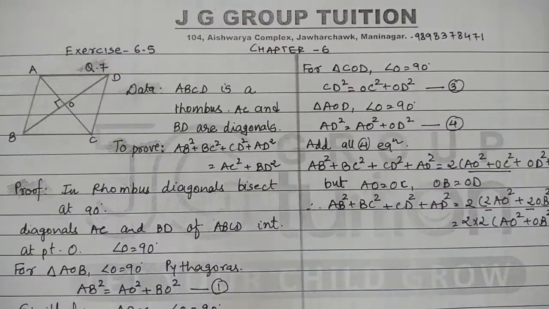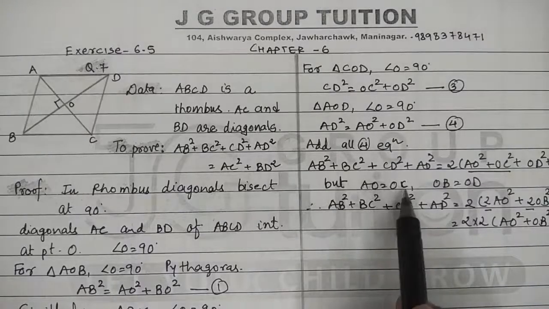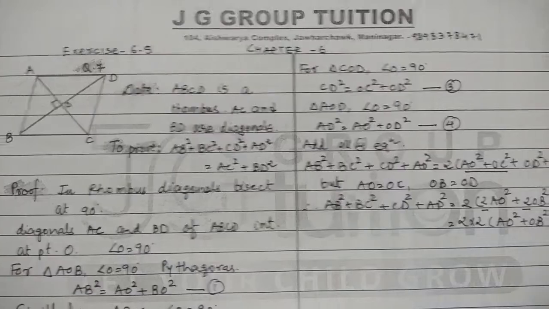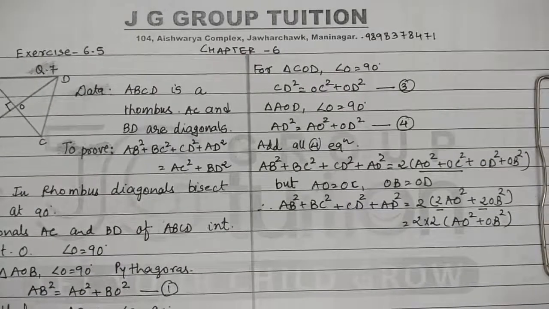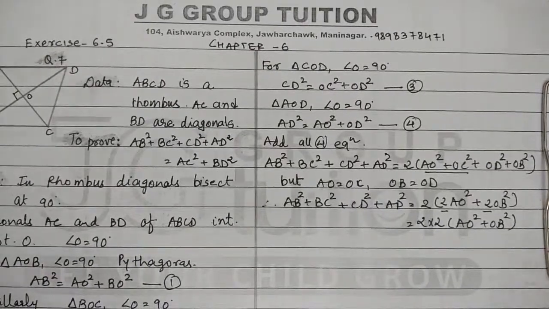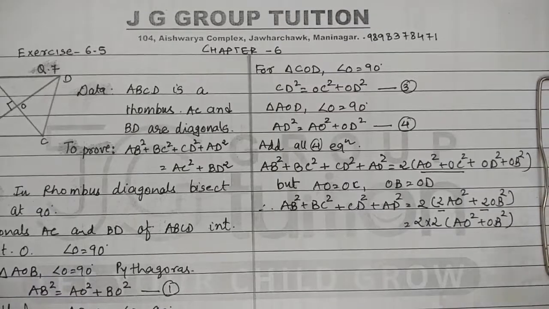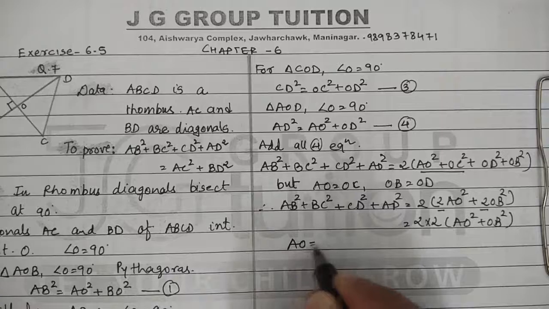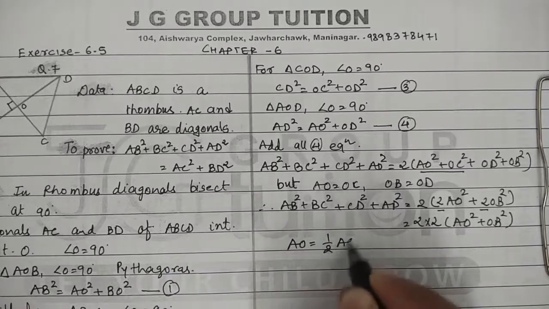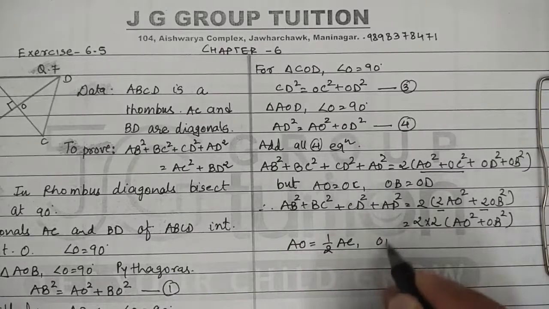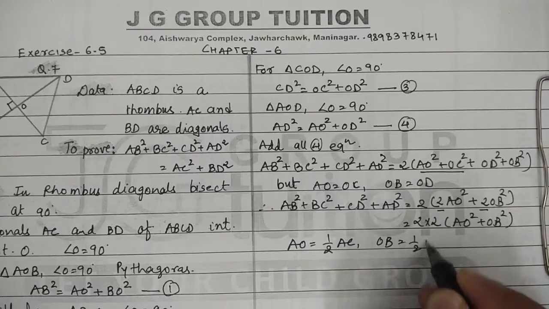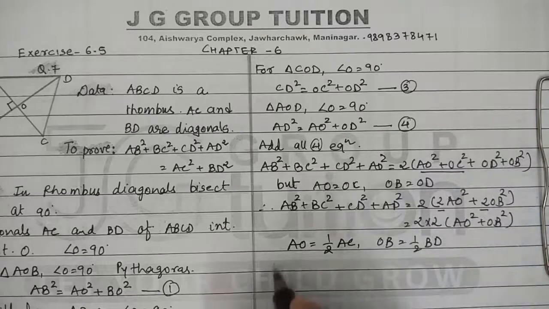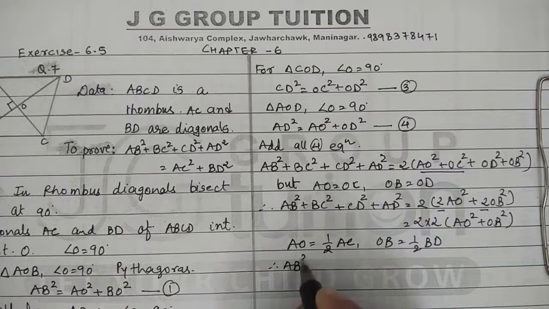Now as we discussed earlier, the diagonals bisect each other. So we can say that AO is half of AC and OB is half of BD. Let us substitute this value in the above equation.